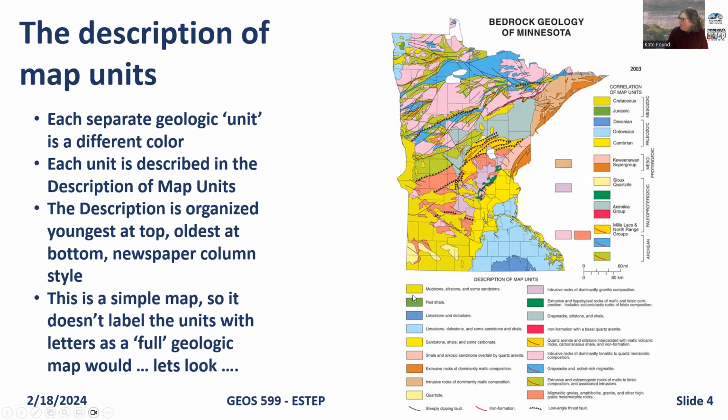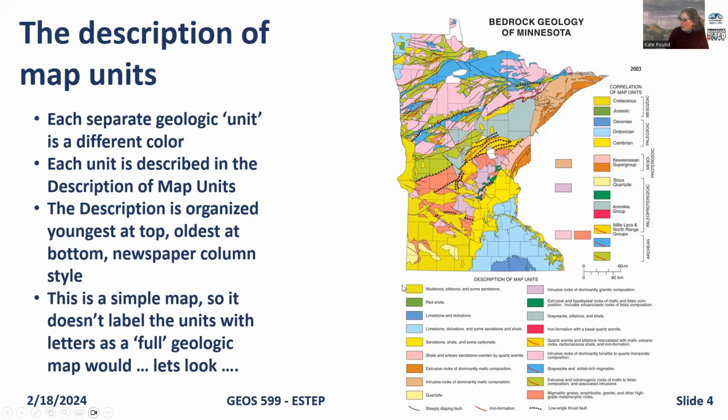How is this description of map units organized? It goes from youngest on the top left down to oldest at the bottom right. If there are columns of any kind in a legend or key, we read them just like Western newspaper columns.